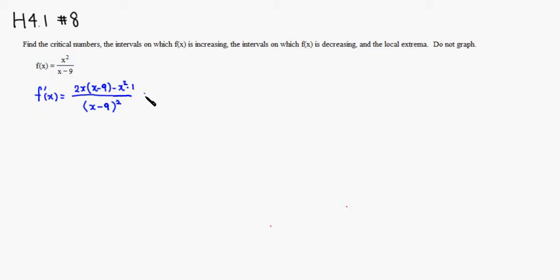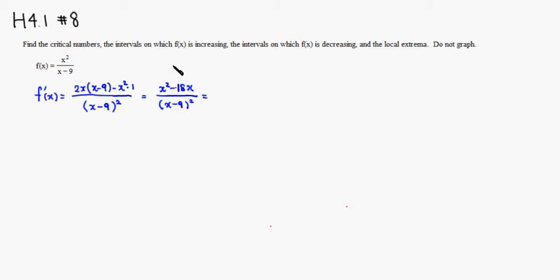If you clean that up, 2x squared minus x squared is just x squared, and minus 2x times 9, which is 18x, over the same denominator, (x minus 9) squared.